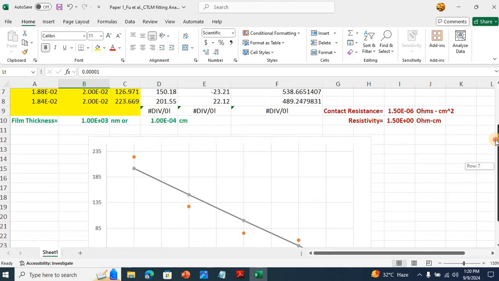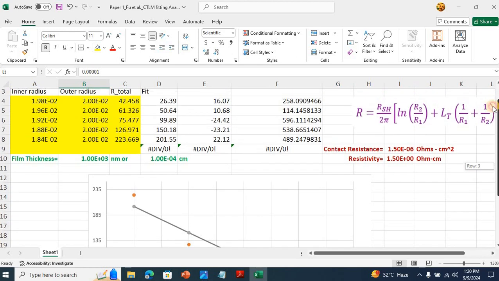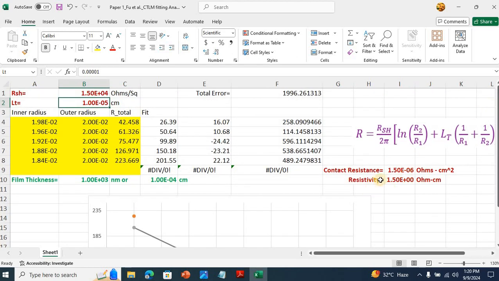And now if I look at the sheet, the contact resistance and the resistivity values, the contact resistance is 1.5 10 to the power minus 6 ohms centimeter square, and the resistivity is 1.50 ohm centimeter.